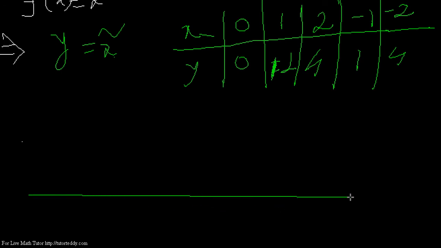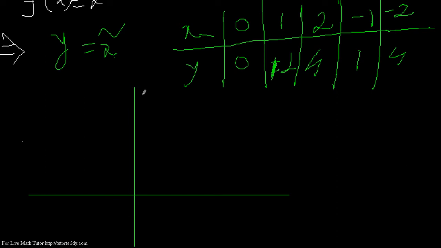Let's take the graph this way. This is my x-axis and my y-axis is here. And we mark these axes with arrow marks because they can extend both ways.